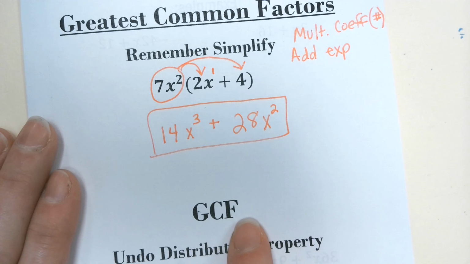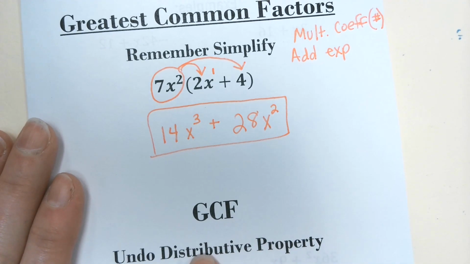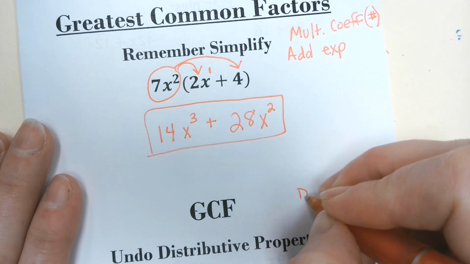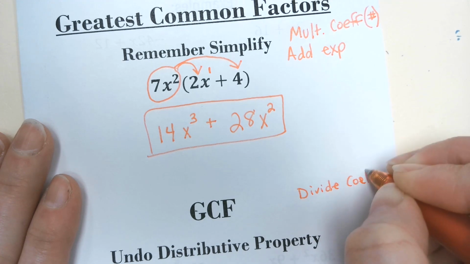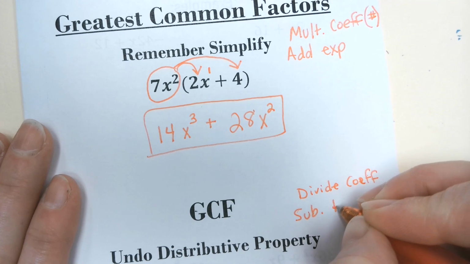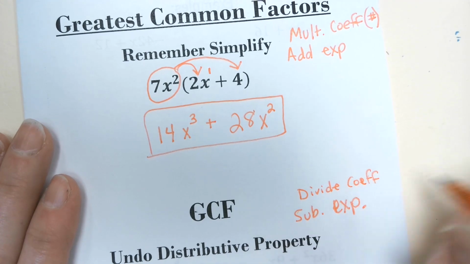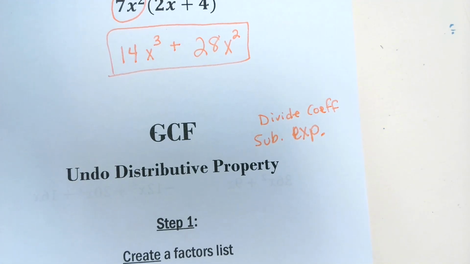So when we factor out the GCF, we're going to do the opposite of that because we are undoing the distributive property. So it's kind of like dividing coefficients and subtracting exponents. Always in math, you're learning how to do something, and then you learn how to undo it.